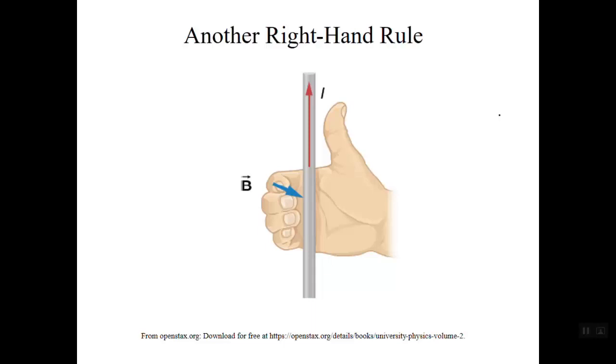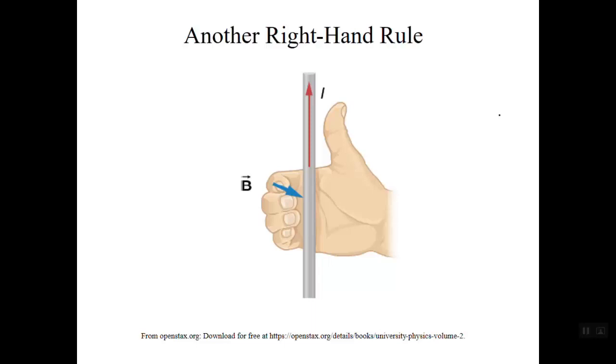Remember, the way this rule works is you first encircle the current-carrying wire with your right hand, making sure your thumb points in the direction of the conventional current. Then, if you look at your fingertips, treating them as your observation locations, you will see your fingertips point in the direction of the magnetic field.